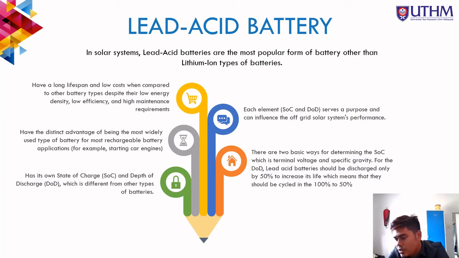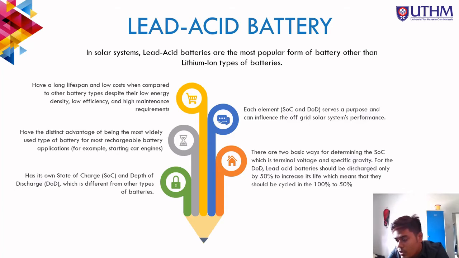So lead acid batteries have their own state of charge and depth of discharge, which is DOD, which is different from other types of batteries. Furthermore, each element serves a purpose and can influence the solar system's performance.